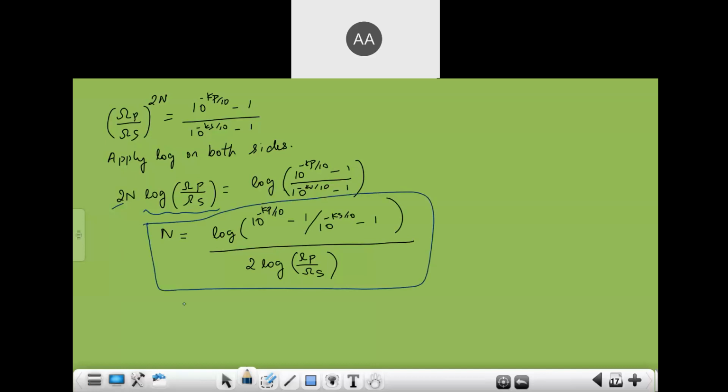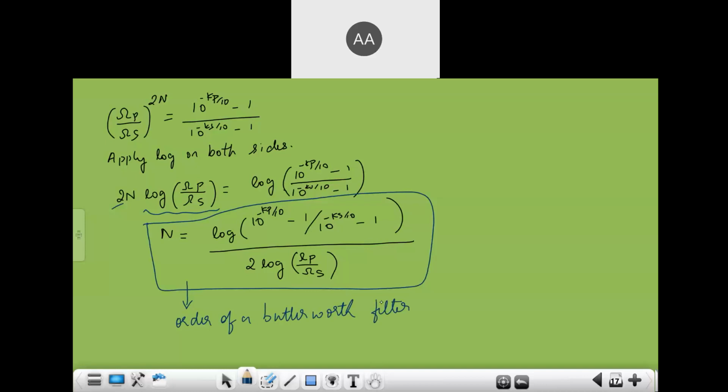This is the expression to find the order of a Butterworth filter for the given specifications. Actually, the minimum order required, okay?